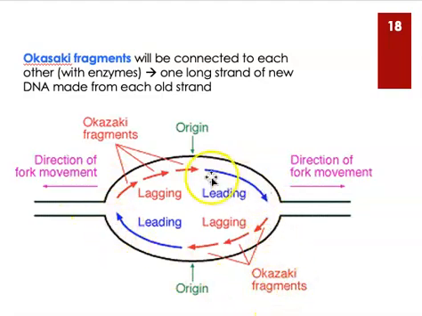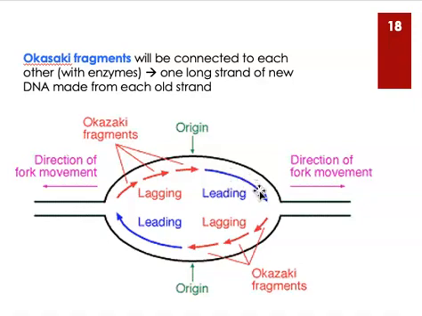Now, take a look at what's happening inside the replication bubble. At the point of origin, an RNA primer is going to get placed onto the old strand of DNA, the black strand. And the RNA polymerase enzyme is going to come in and start adding bases. It's going to add bases one at a time in this direction. Okay?